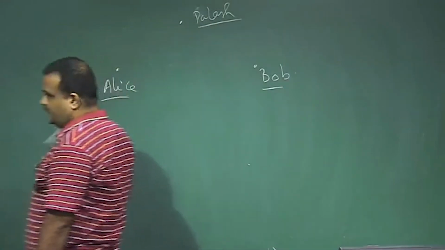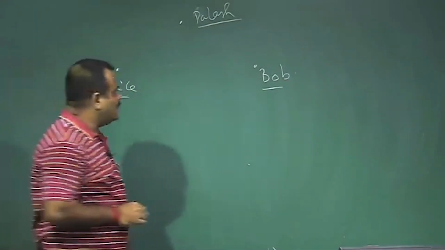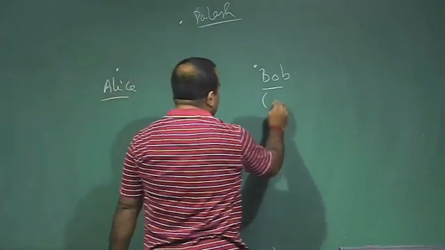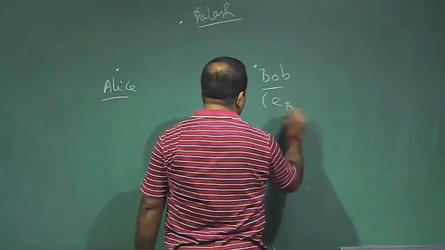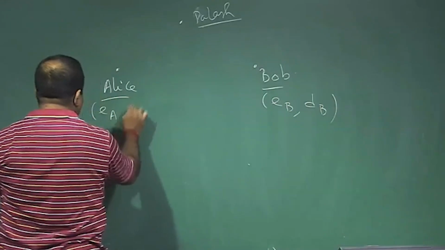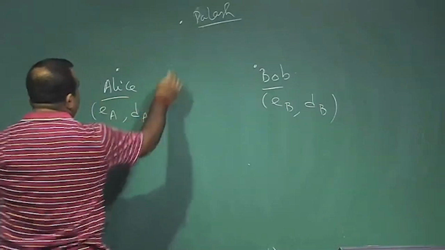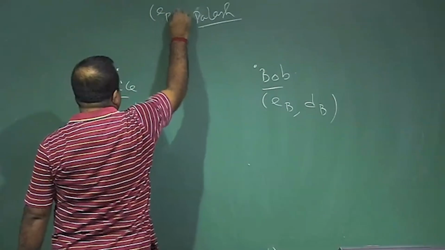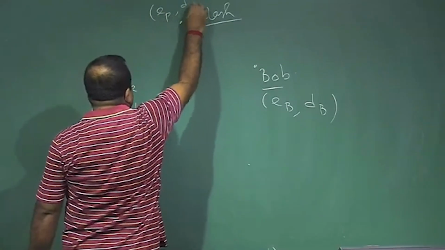Each of these parties has a pair of keys: EB, DB, EA, DA, EP, DP.